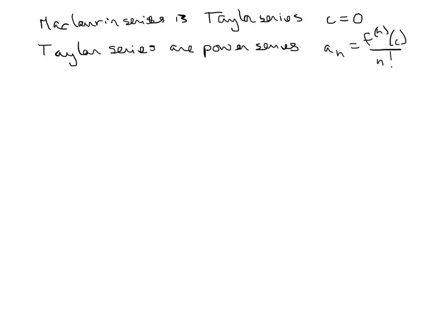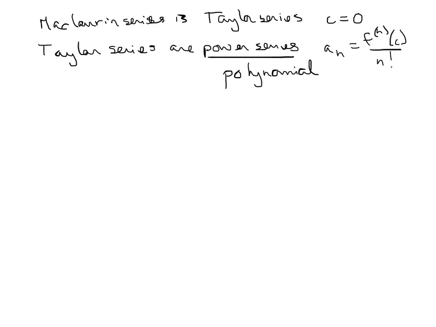So you can think of this as sort of like a hierarchy, I guess, with Maclaurin series being the most specific and power series being the most general. And don't forget that power series are polynomials. It's a polynomial representation, sometimes written in summation notation and sometimes not, for functions, because we can do things easier with polynomials than we can with some functions.